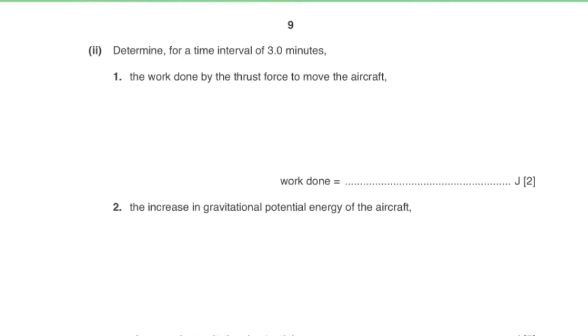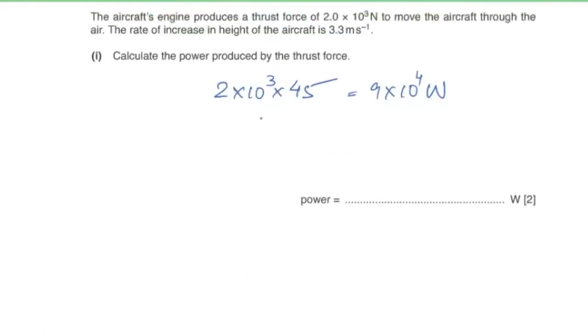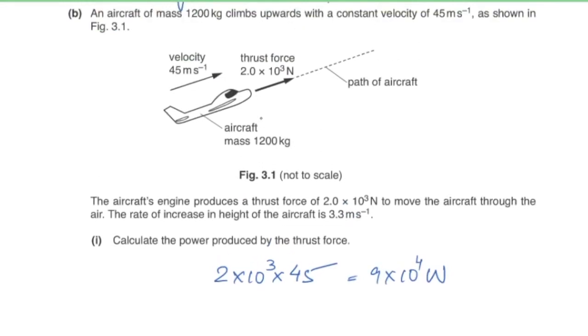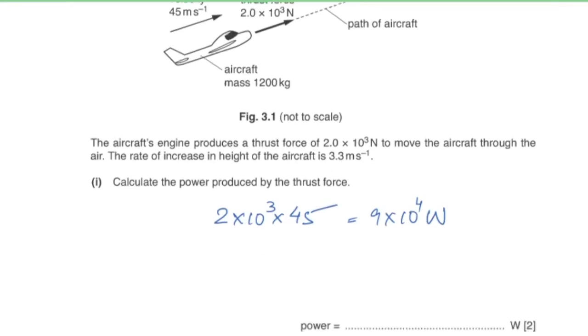Part 2, determine for a time interval of 3 minutes the work done by the thrust force to move the aircraft. Work done by the thrust force is going to be equal to thrust force multiplied by the distance it moves in the time interval of 3 minutes. So the thrust force is of magnitude 2 × 10^3, and the distance it travels in 3 minutes can be calculated by using the formula speed multiplied by time, where the speed is 45 meters per second.